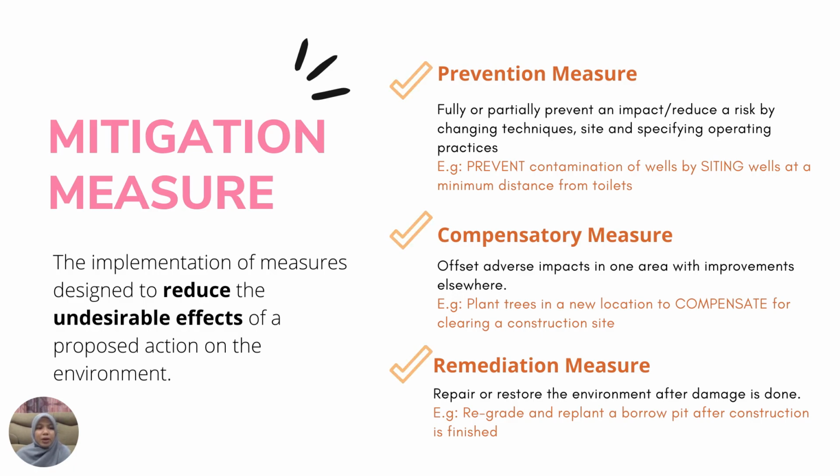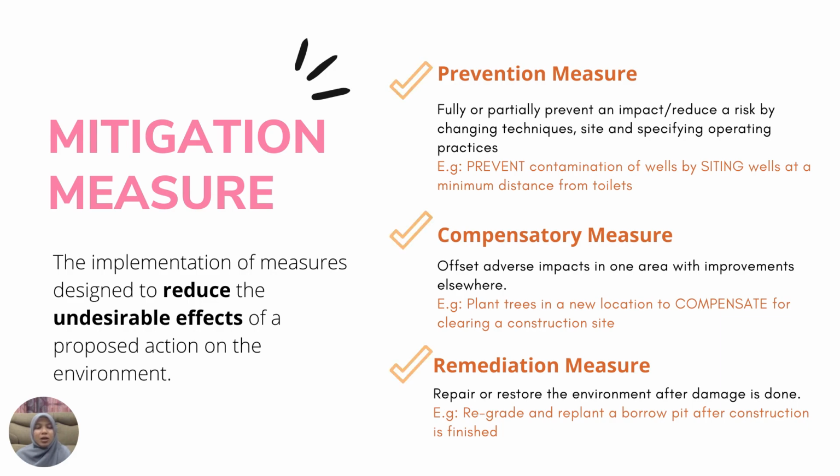Based on the impacts stated before, we can come up with the mitigation measures. Mitigation measure is the implementation of measures designed to reduce the undesirable effects of a proposed action on the environment. There are three types of measures, which are prevention, compensatory, and remediation.